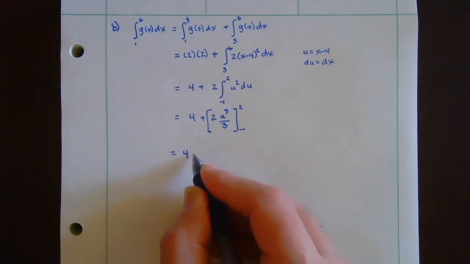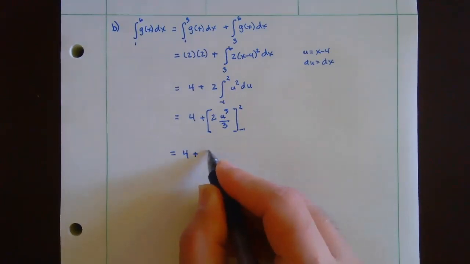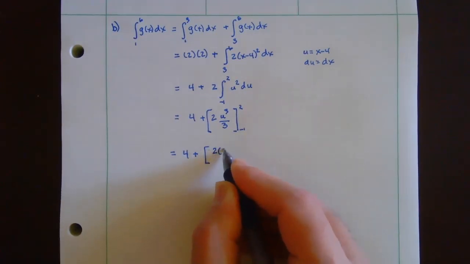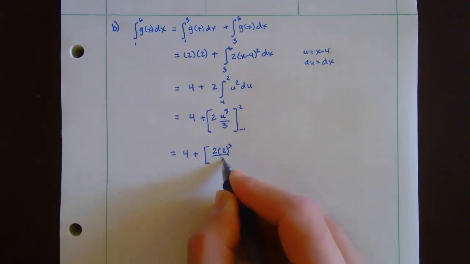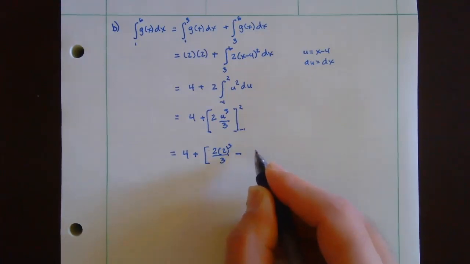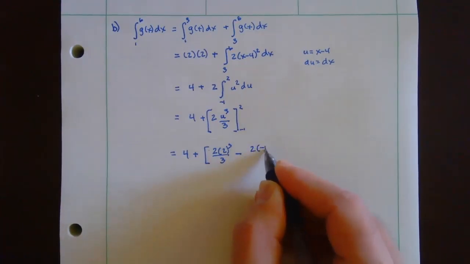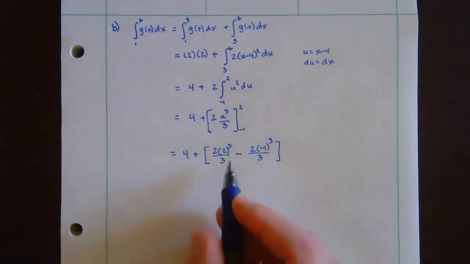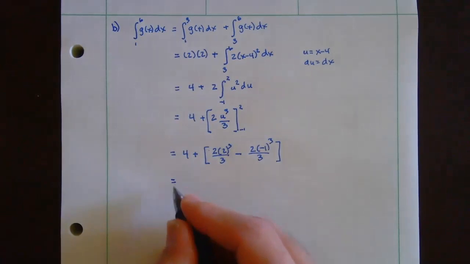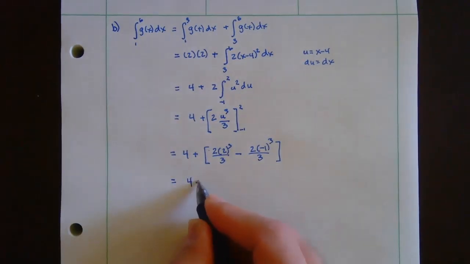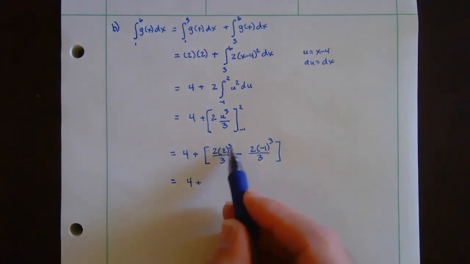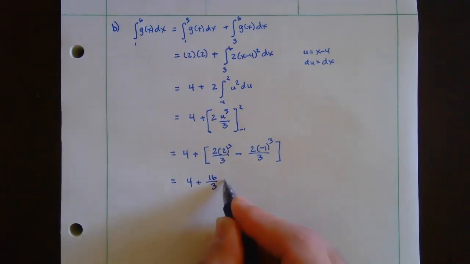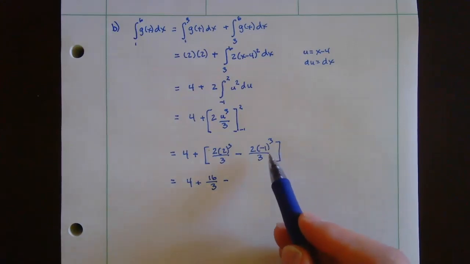Okay, so this is 4 plus 2 times 2 cubed over 3 minus 2 times -1 cubed over 3, close my bracket, okay? All right, so then this becomes 4 plus 8 times 2, which is 16, so 16 thirds, and then minus, I really don't need the brackets now, okay?